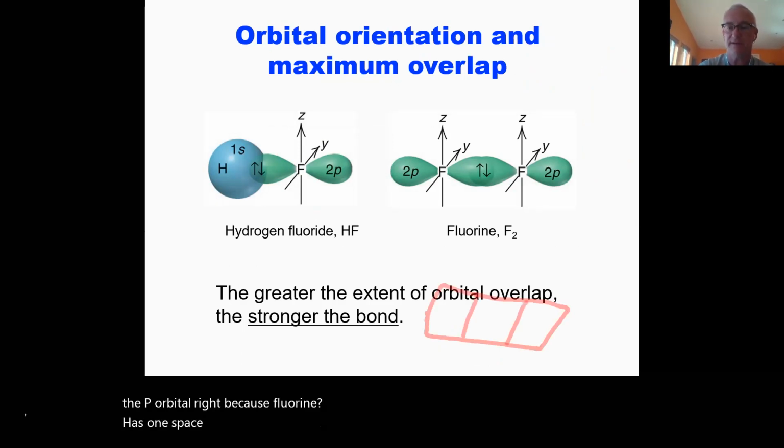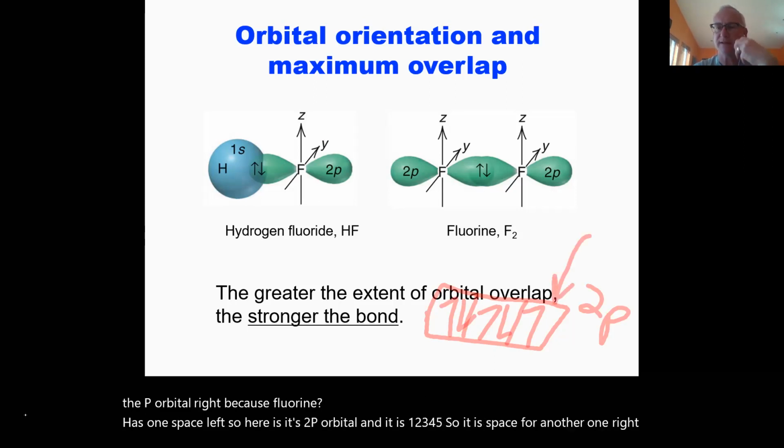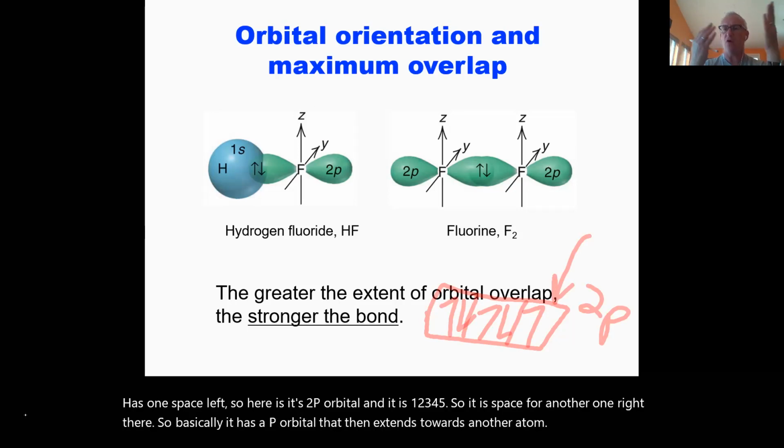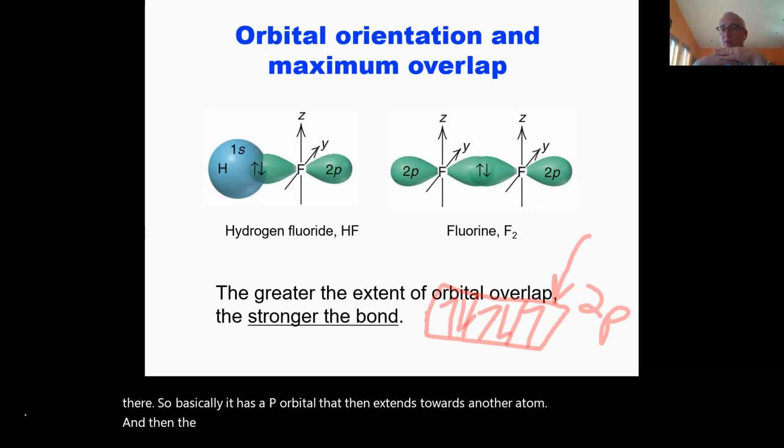So if here is its 2p orbital, and it has 1, 2, 3, 4, 5, it has space for another one right there. So basically, it has a p orbital that then extends towards another atom. And then when it overlaps with the orbital of another atom, this gets shared with, in this instance, hydrogen.